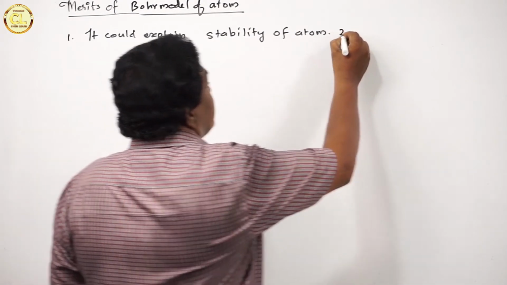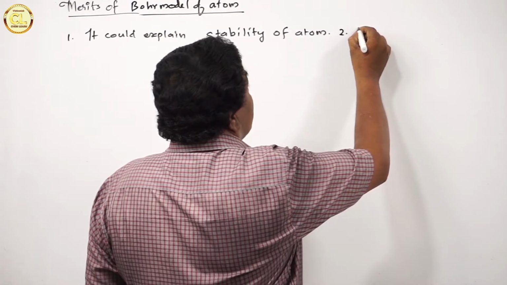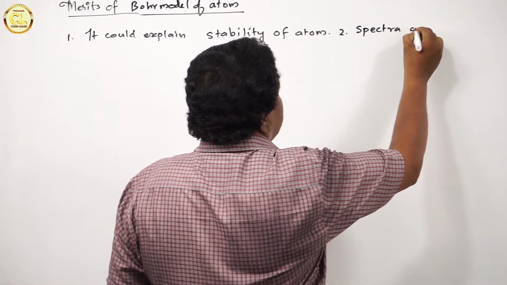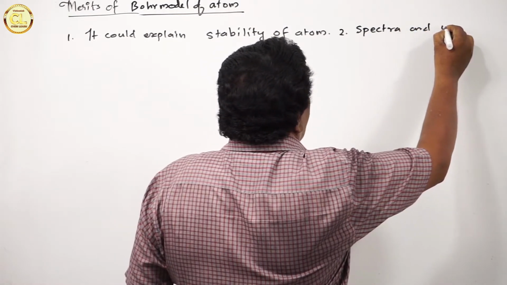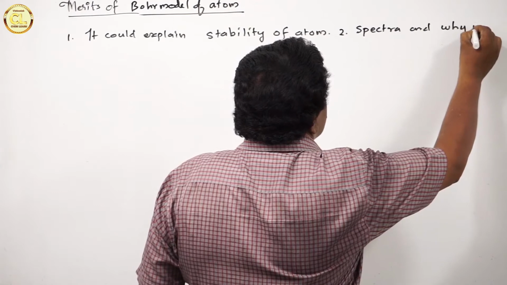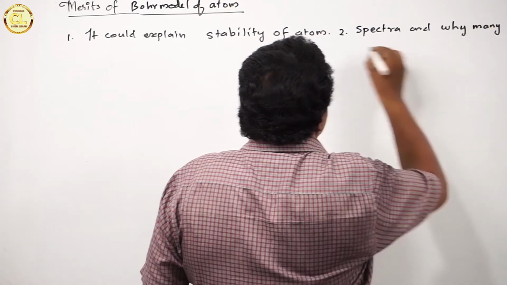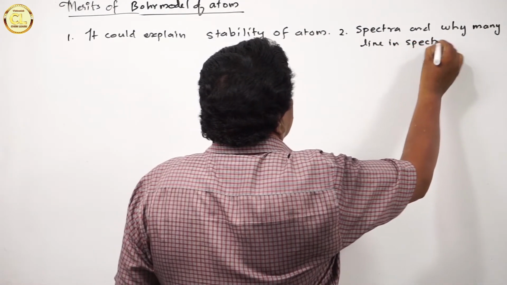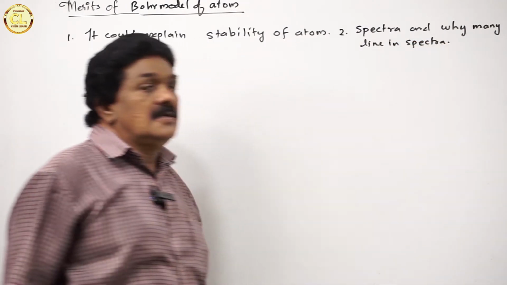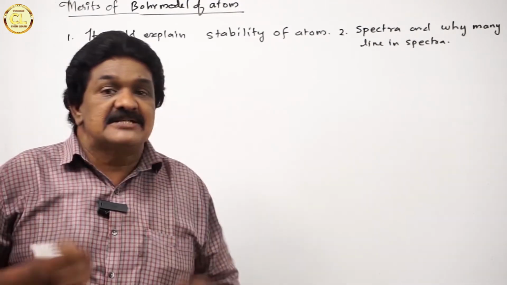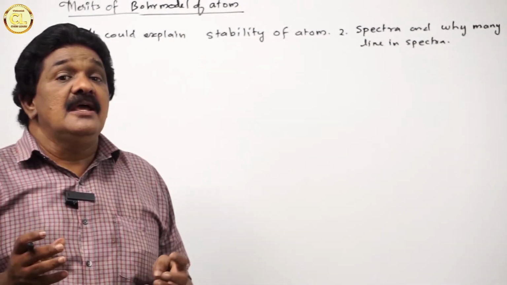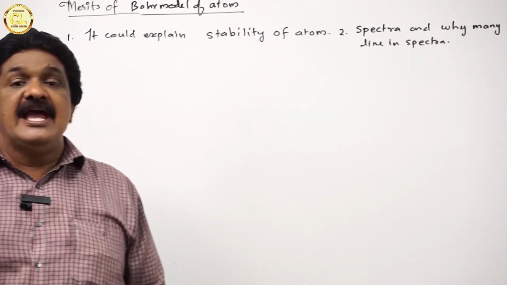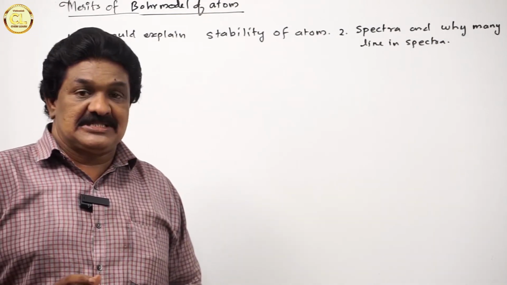Second point is, it could explain the spectra and why many lines are obtained in a spectrum. It can be explained as follows. When hydrogen gas is filled in the discharge tube and subjected to electric discharge, excited hydrogen atoms are produced.